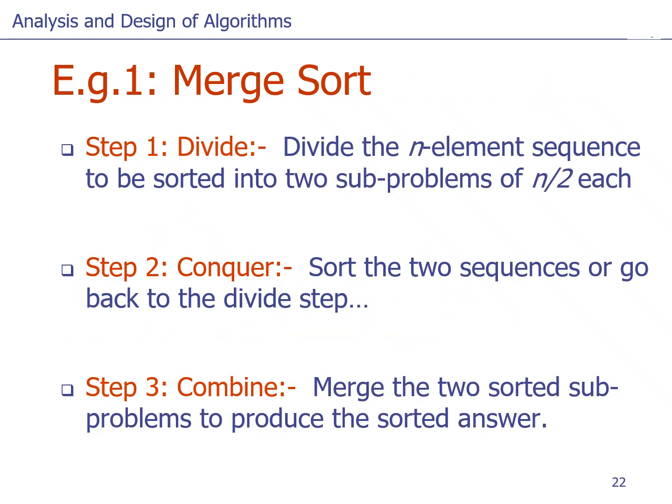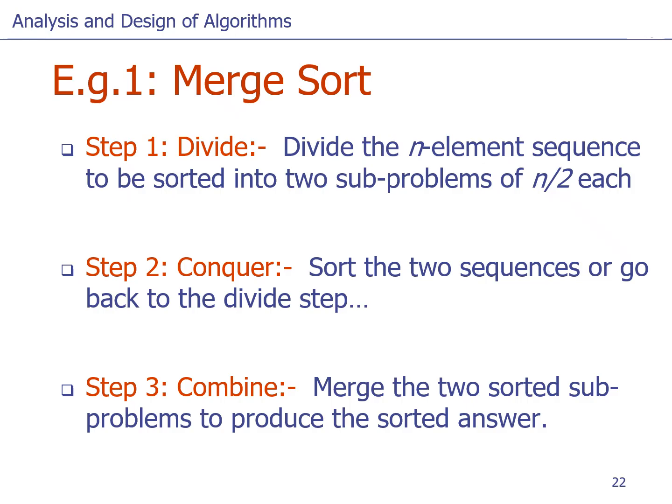So let's look at merge sort, the first of the two techniques that employ divide and conquer. This is actually what I have been describing to you as a motivational example in the previous slides. Now, merge sort goes like this. In the divide step, I'm given initially an array of n elements. I'm not going to sort that. I will divide it into two halves, and then I will keep dividing into two halves.